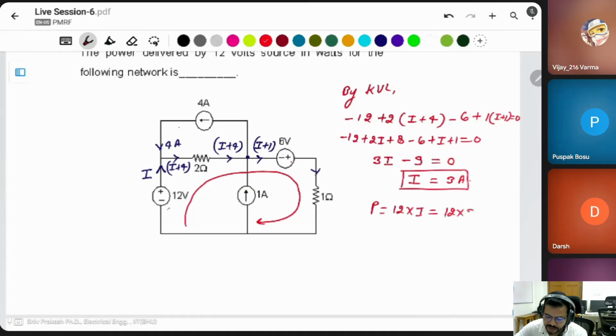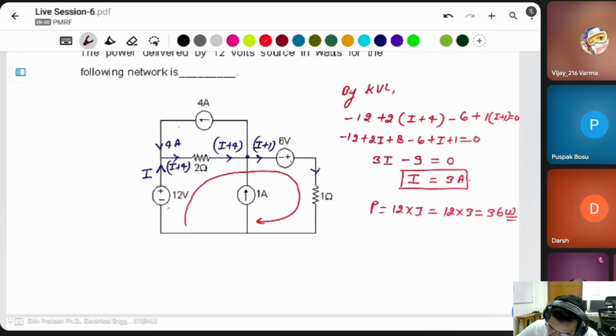Then after this current is emitted at this point, you will get this current. But they are asking about the power delivered by the 12 volt voltage source. Then simply take this one as I, because you have to find this current.